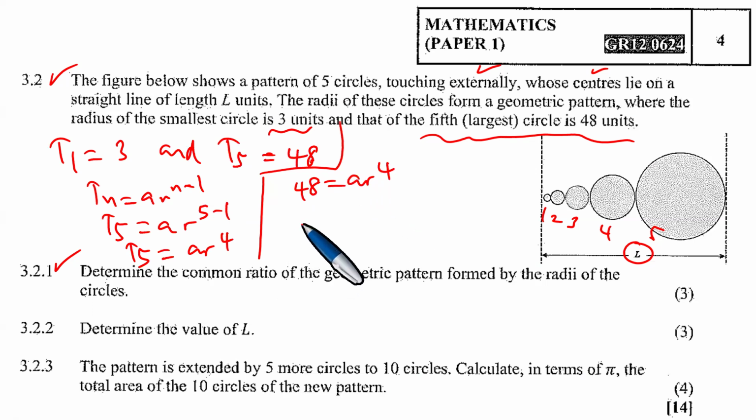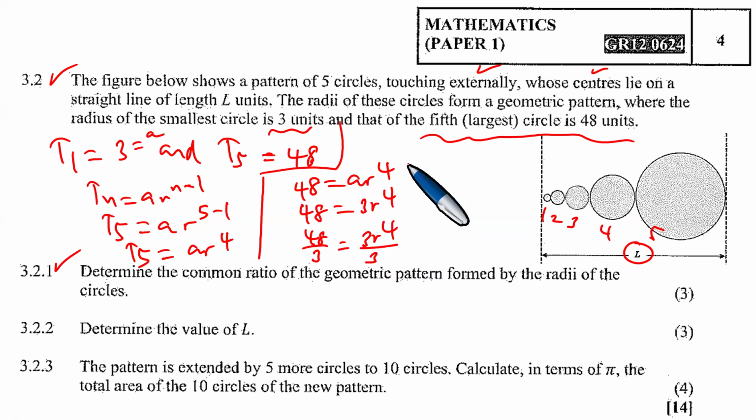The first term is 3, so you can put 3 times R to the fourth power. With 48, you divide the left by 3. 48 divided by 3 is 16, equal to R to the fourth power.